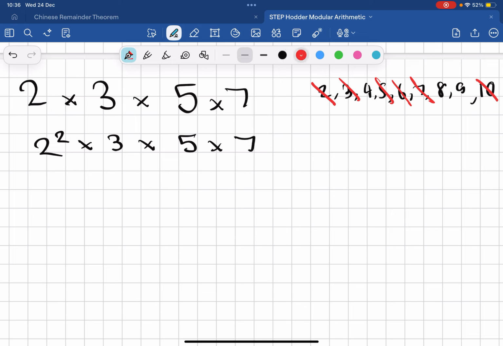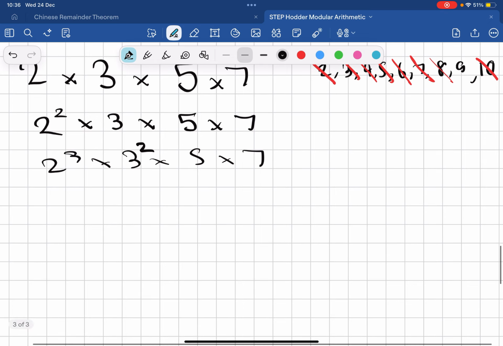So that's 4 gone. The same with 8, we just introduce another 2. Now we've got 2 cubed, times 3, times 5, times 7. And for 9, well, we've already got one 3, we know 9 is equal to 3 squared, so we just raise the power by 1. Now we need to evaluate this.